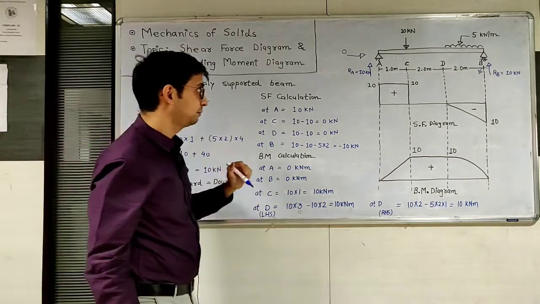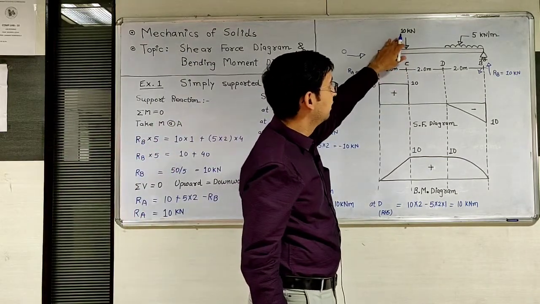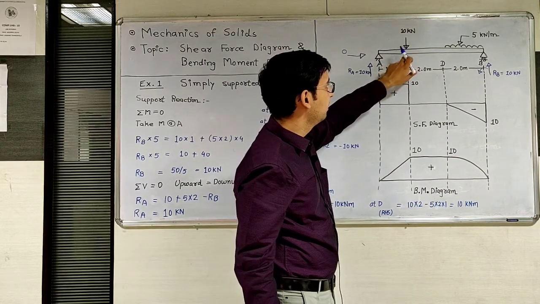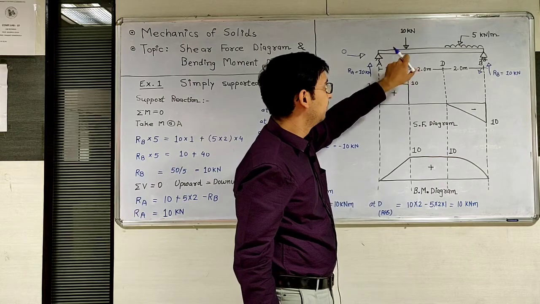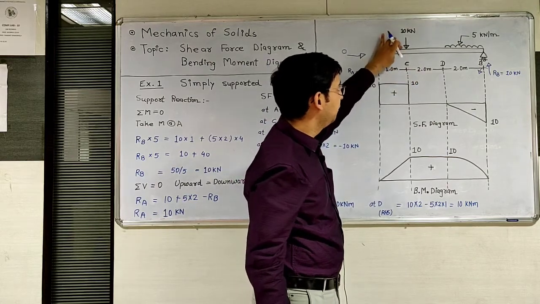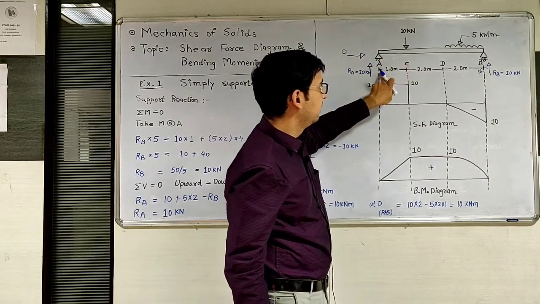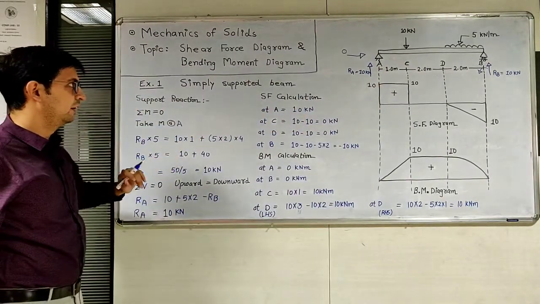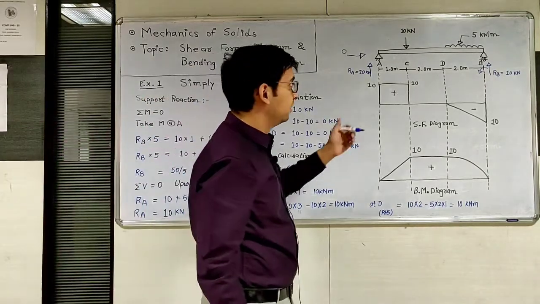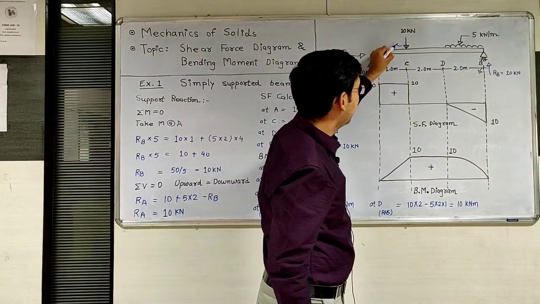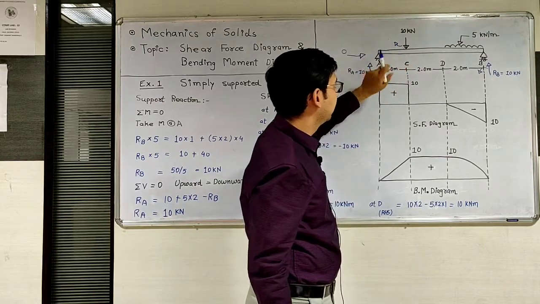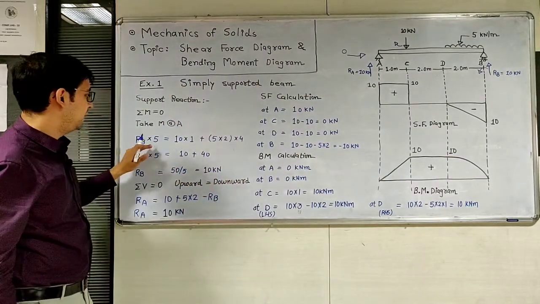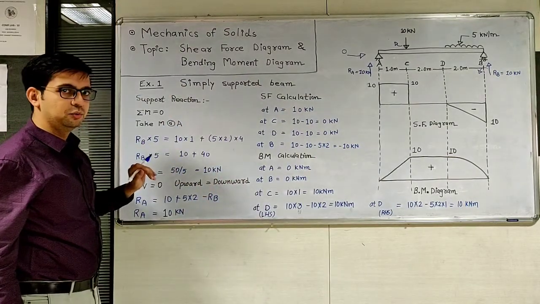Now next, due to the 10 kN point load, for the moment calculation you need the distance from point A. So 10 kN and the distance from A is 1 meter. So 10 into 1. Now the moment sign: the 10 kN is in the downward direction and about A the rotation is clockwise, so it will be on the clockwise side. So RB into 5 equal to 10 into 1.